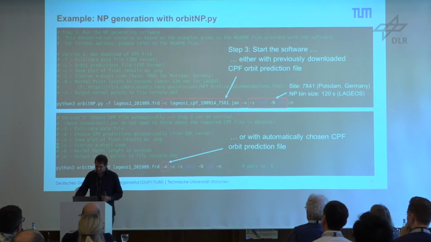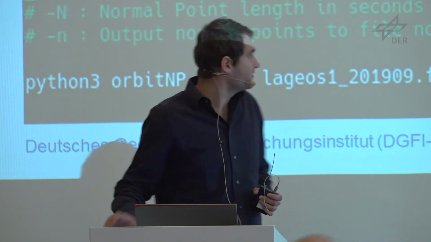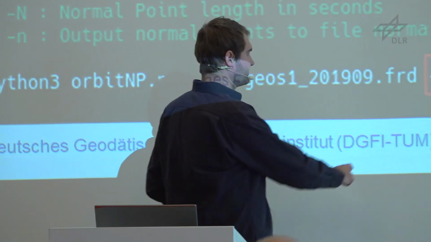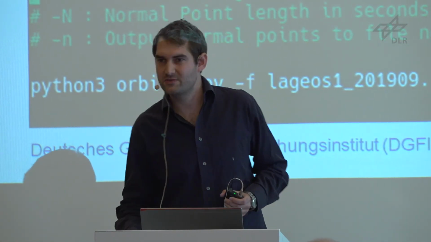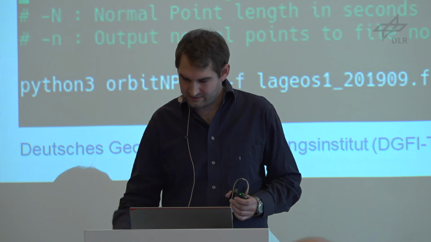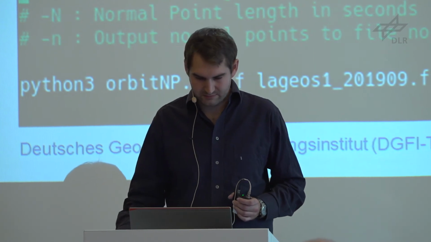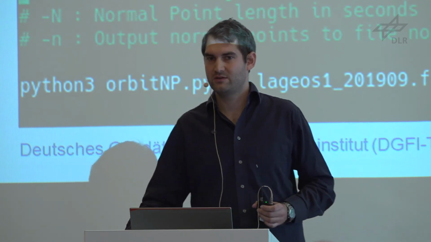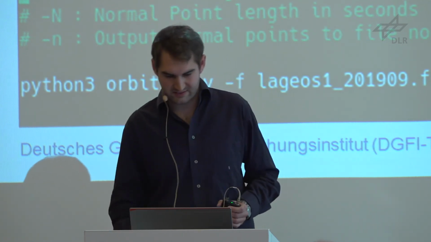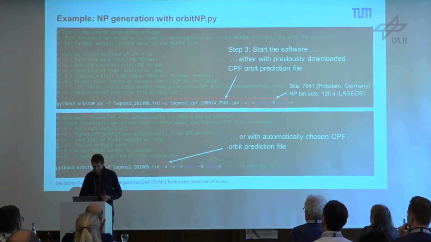If one is too lazy to think about which orbit prediction file he needs, he can also choose the -A option, and then the program will propose the correct orbit prediction file, and you can just choose from which predicting center you want to obtain it.